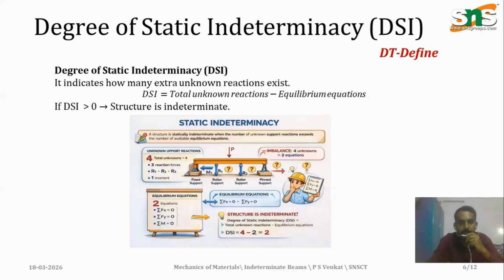But in the case of a beam with 5 unknowns and 3 equations, the degree of static indeterminacy is 2. That is, the structure is said to be indeterminate. This means we need two additional equations from deformation compatibility. So the degree of static indeterminacy tells us how complex the structure is and how many extra conditions are needed to solve the problem.